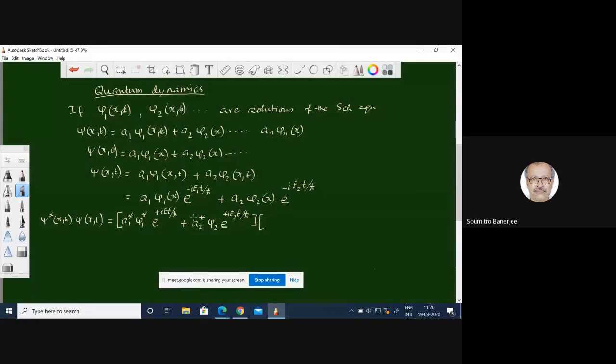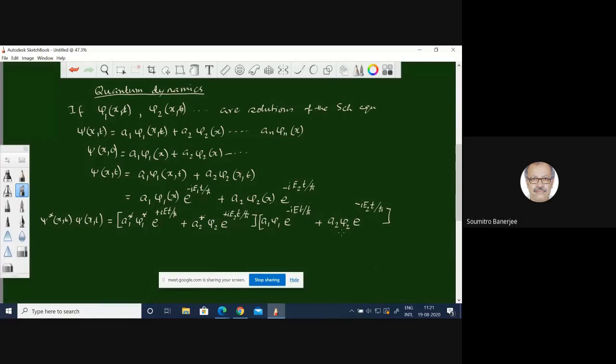Okay, then I have to write this part, psi of t. This will be A1 psi 1 e to the power, the same thing, minus i E1 t by h cross, plus A2 psi 2 e to the power minus i E2 t by h cross.